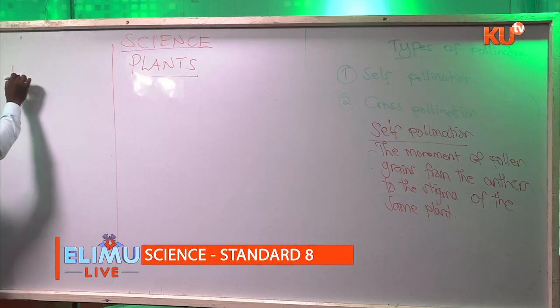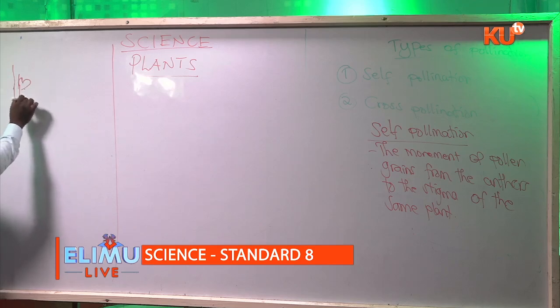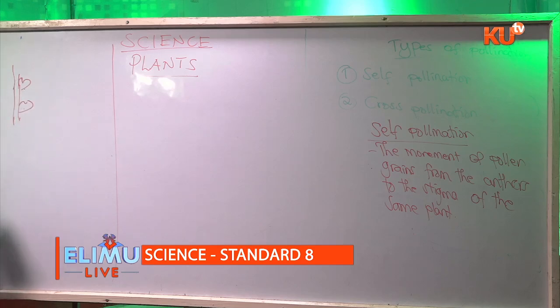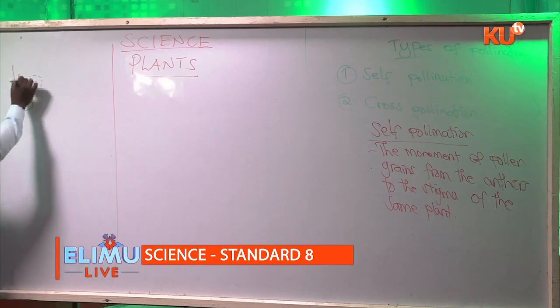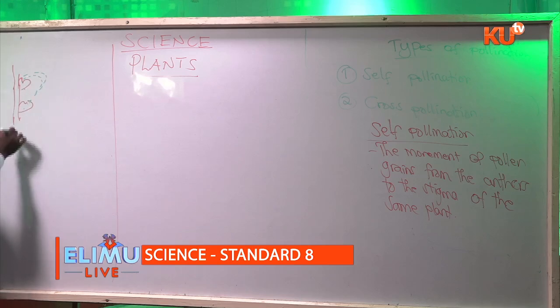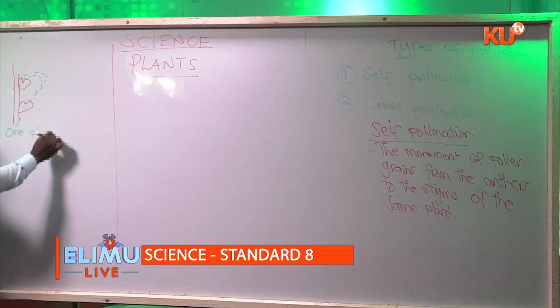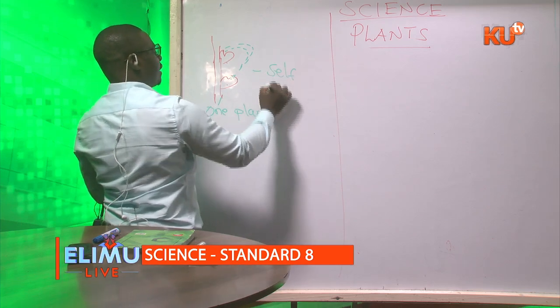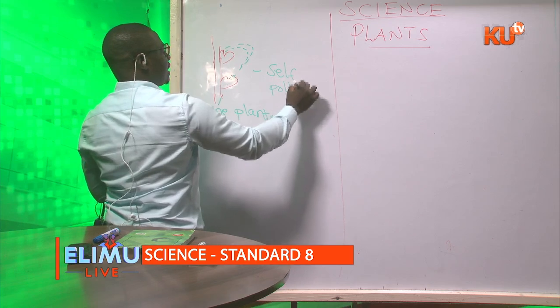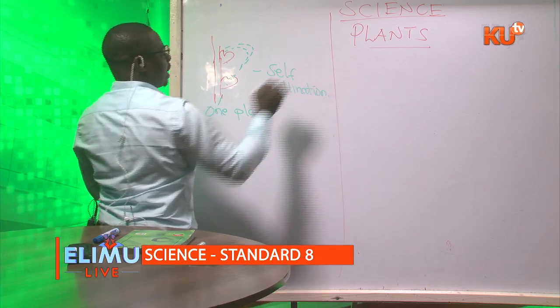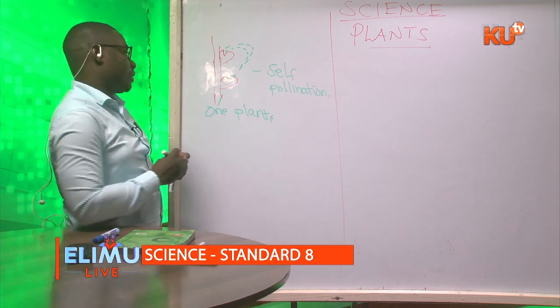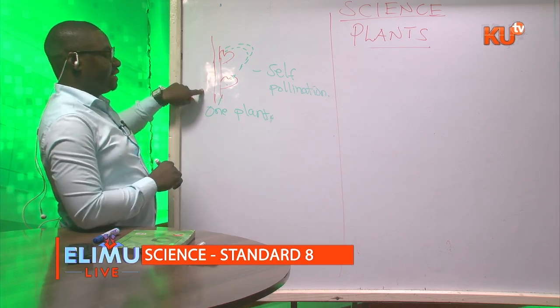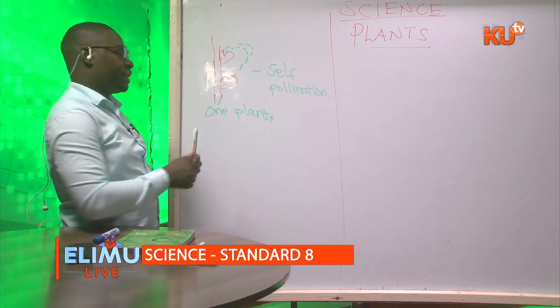We can have a flower, and it must be movement of pollen grains from the anthers to the stigma. If you look at the plant, this is just one plant. So this is what we call self-pollination. It can either be one flower or different flowers, but the idea is one specific plant.